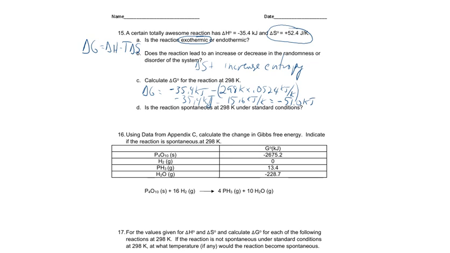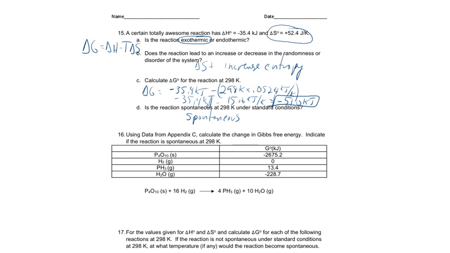If delta G is negative, that is spontaneous at that temperature. And something that has a negative enthalpy, a negative delta H, and a positive delta S, is always spontaneous.